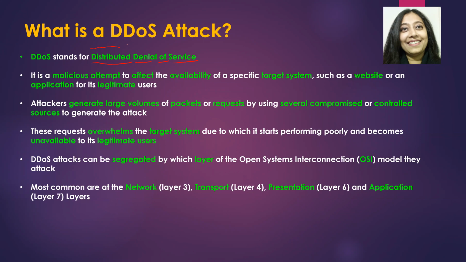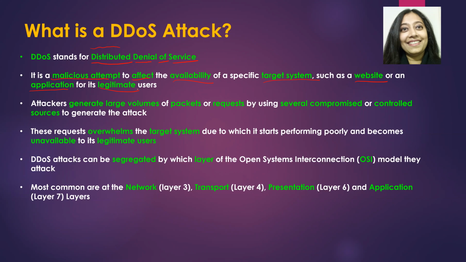It's a distributed attack that has caused your service or your application to not be available to its legitimate users. So if one has to describe what is a DDoS attack, it is a malicious attempt to affect the availability of a specific target system, such as a website or an application, for its legitimate users.